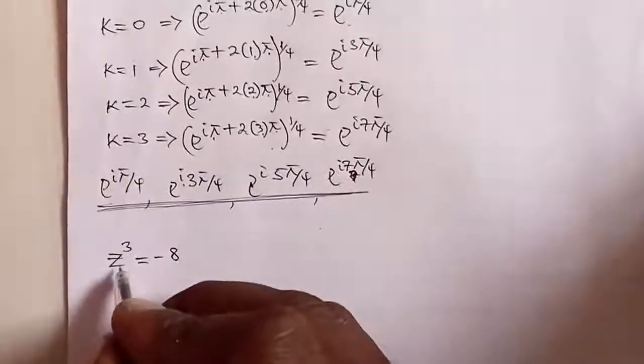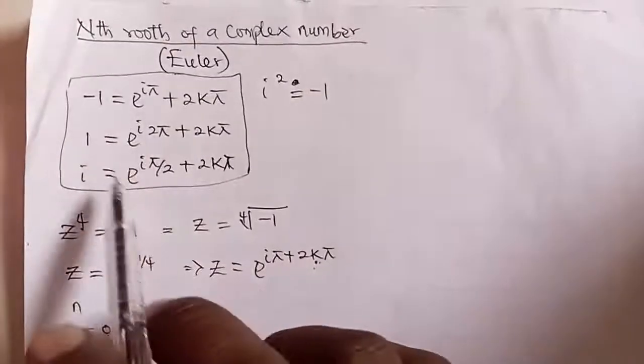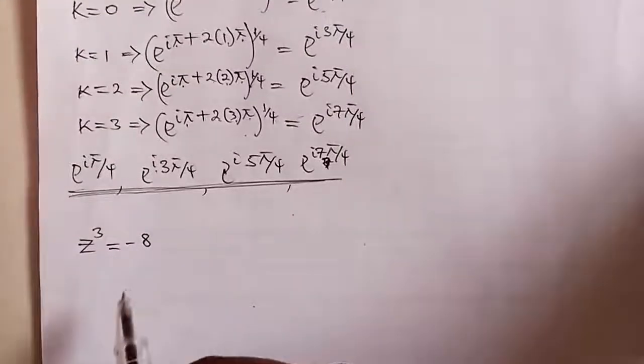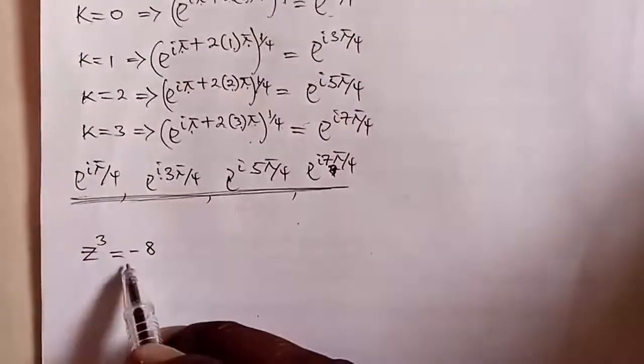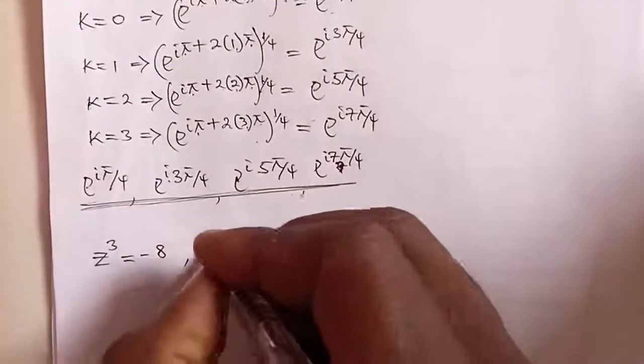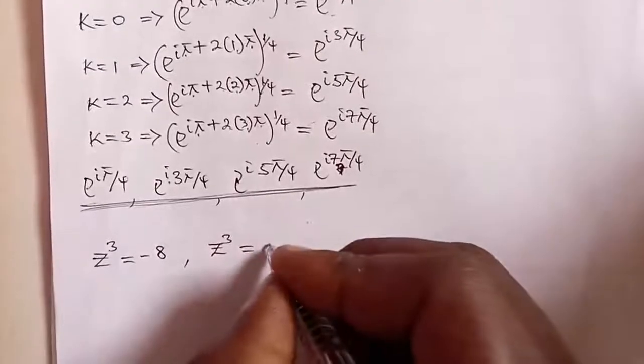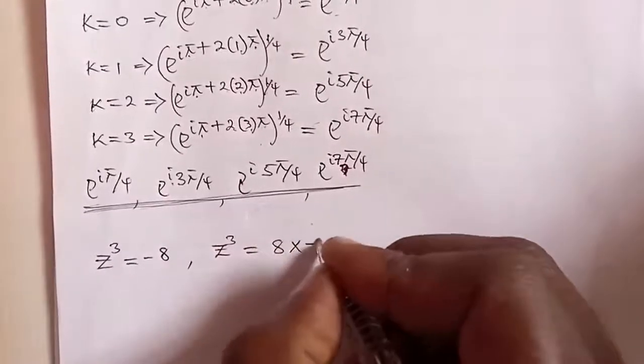Another question is z cubed equals minus 8. Now, if you check in our identities, we don't have anything like minus 8. But we're going to rearrange this question to look like what we have without necessarily changing the question. The reason is because we can say that z cubed is equal to 8 times minus 1.